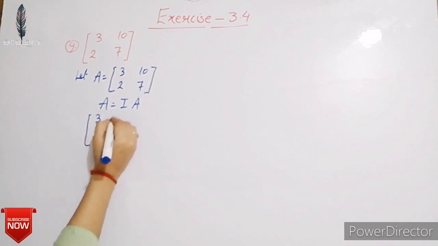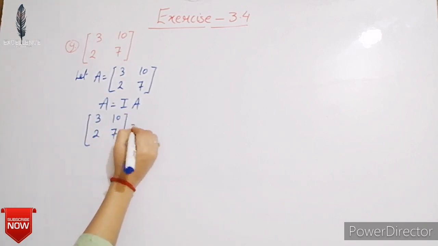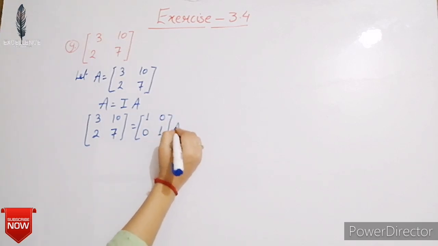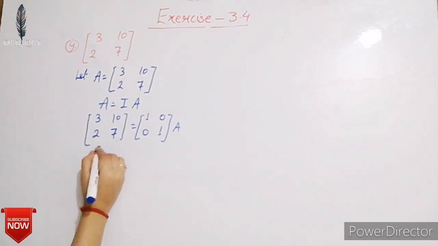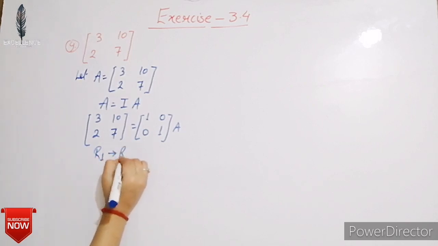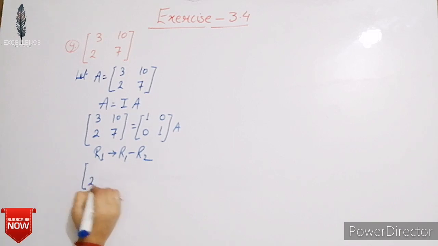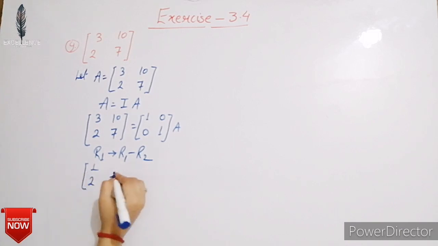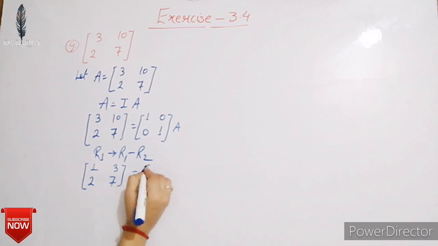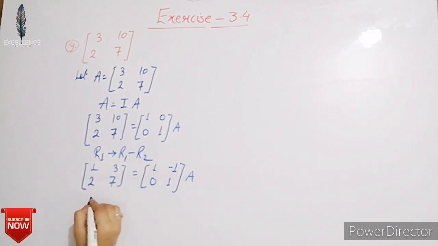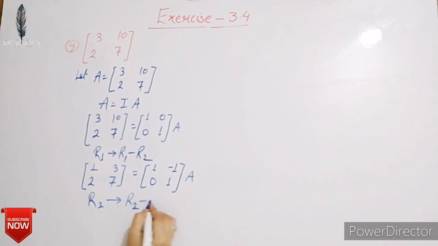Put the value of A to applying elementary row operation, and I is the identity matrix, that is 1, 0, 0, 1 A. Now first change is R1 is such that R1 minus R2. Then we get easily 1 in the diagonal element. So it becomes 1 and it is 3 is equals to, here it is 1 and minus 1, R2 is 0, 1 into A.